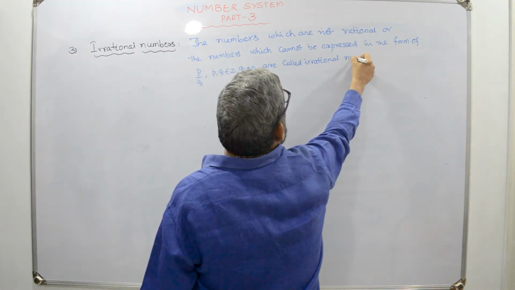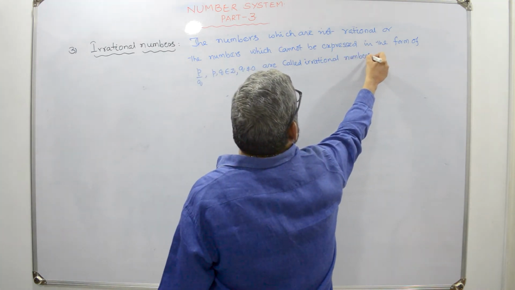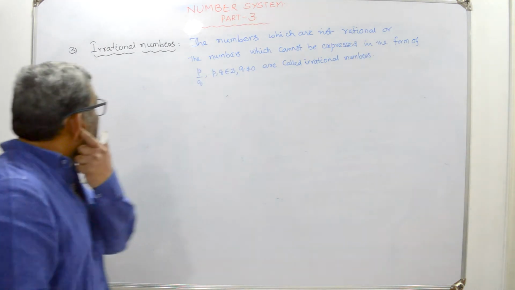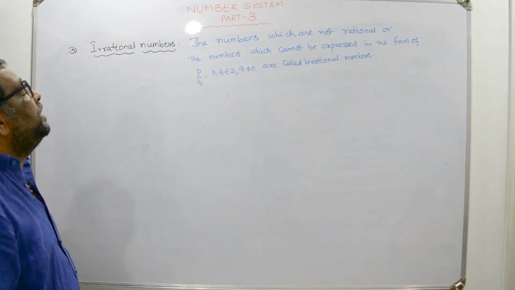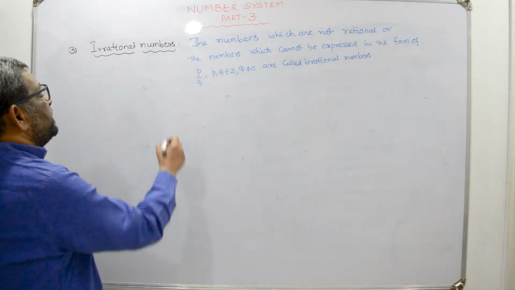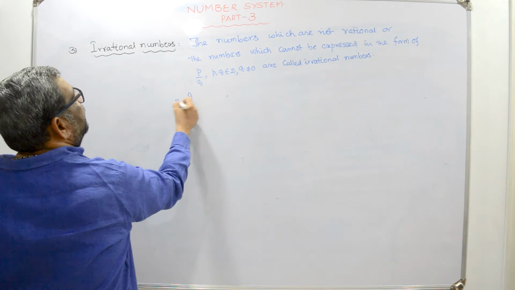So the numbers which are not rational, or numbers which cannot be expressed in the form of p by q, are called irrational numbers.